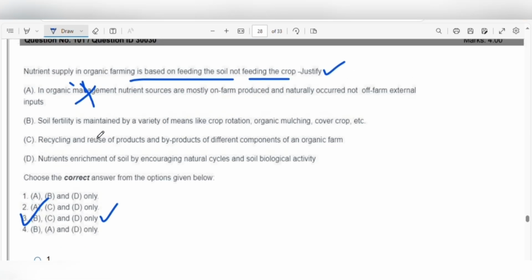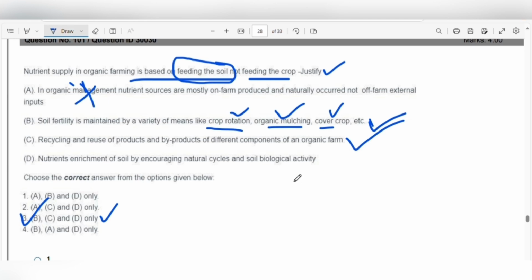Soil fertility is maintained by a variety of means like crop rotation, organic mulching, cover crop. Yeah, that's true. And this kind of justifies feeding the soil, not feeding the crop, because cover crop, rotation, organic mulching have no effect on the crop directly, but all these practices improve the soil structure. It improves the fertility and productivity of the soil. So this is a correct one. Recycling and reuse of products and byproducts of different components of an organic farm also improves the soil's properties.